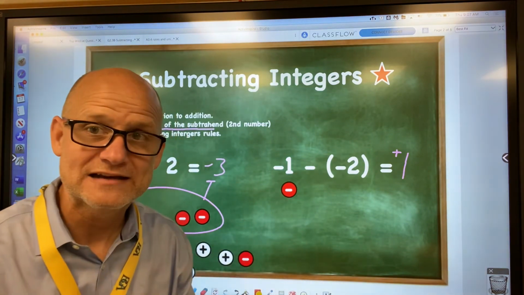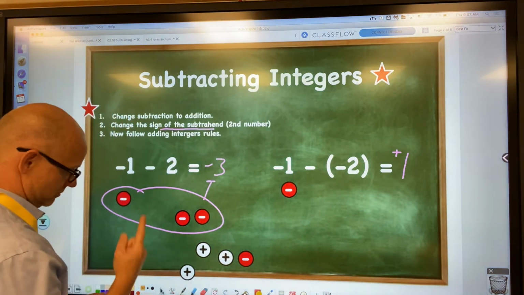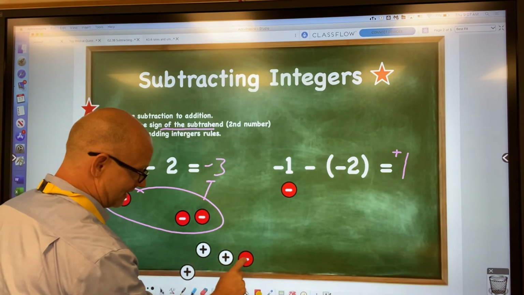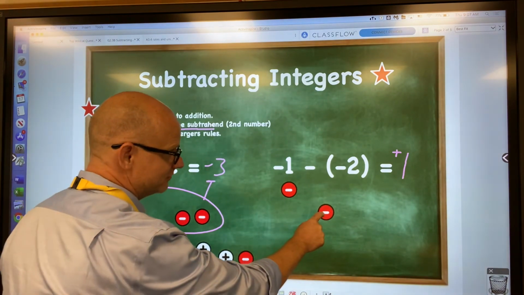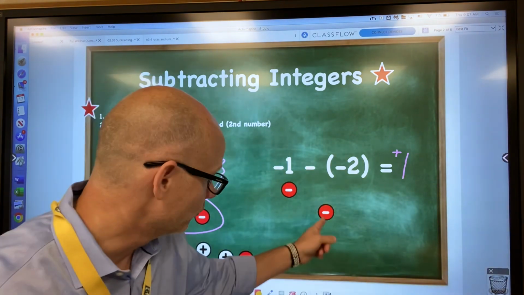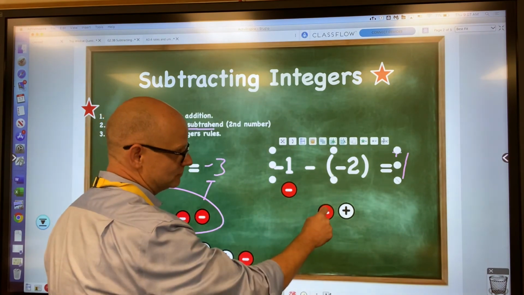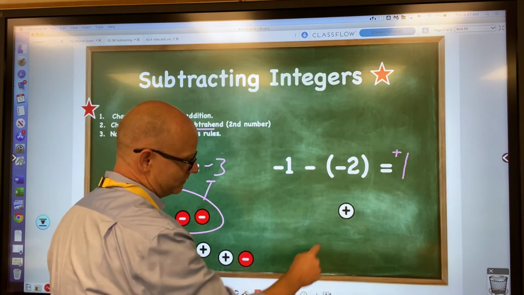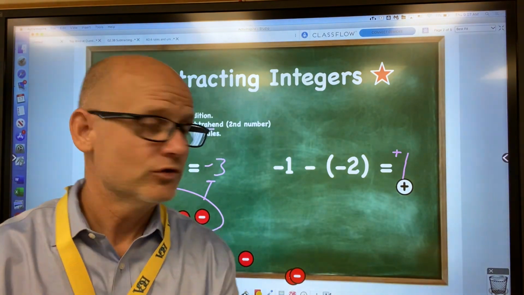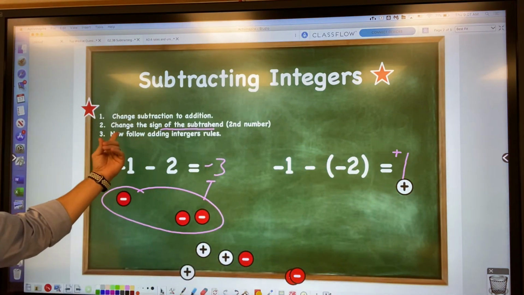In order for me to subtract a -2, I gotta add another negative, right? I added another negative so that I can now subtract a -2. But if I add that negative coin, I gotta add a positive coin. Now I can take away the 2 negatives. And what do I end up with? I end up with a +1. Again, the counters help you see why you get this amount, but really you just have to remember this process.